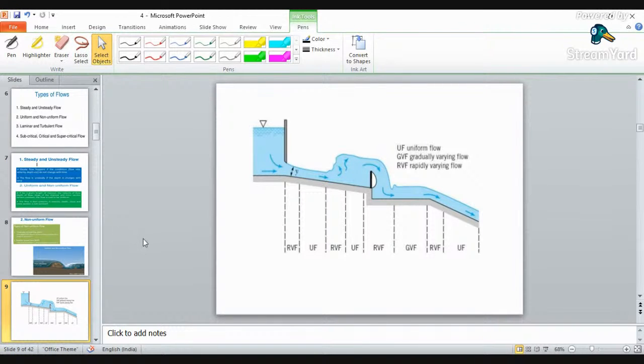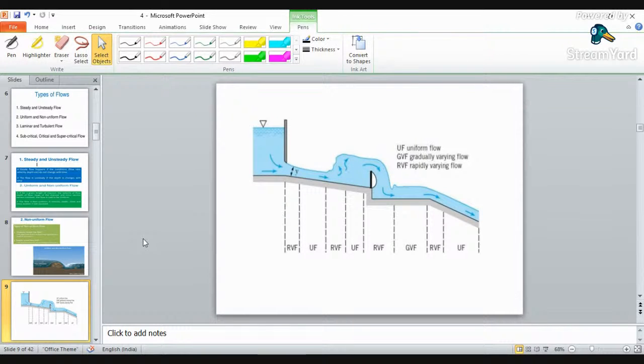So here in non-uniform flow, there are two types of flow, that is gradually varied flow and rapidly varying flow. When your flow parameters like velocity, pressure, depth of the flow change abruptly over a small length of the channel, then it will be termed as rapidly varying flow. And what is gradually varying flow?